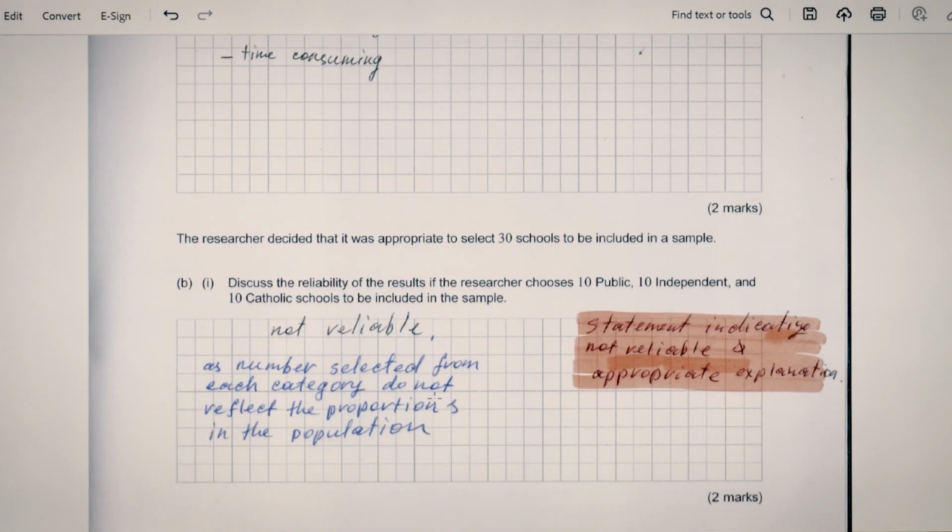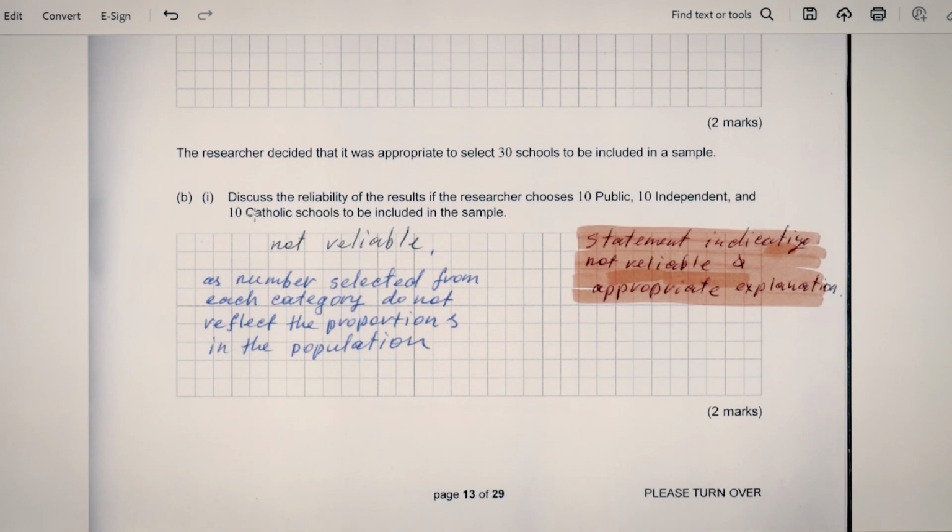And then they ask you to discuss the reliability of the results if the researchers choose 10 public, 10 independent, and 10 Catholic schools to be included in a sample. Normally, it's not reliable because the proportion of the population is different.